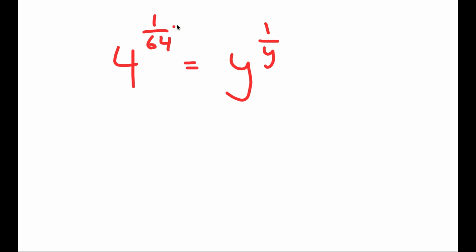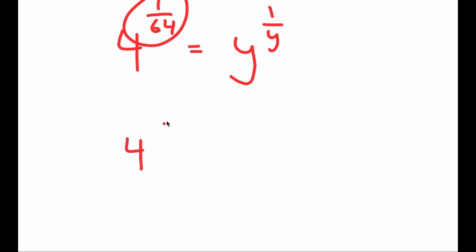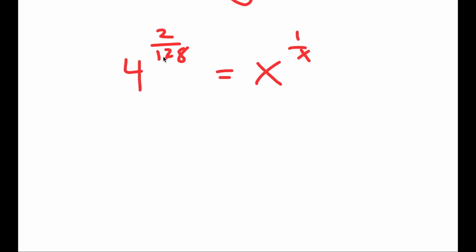Now, what I'm going to do is rewrite 4 to the power of 1 over 64 as 4 to the power of 2 over 128. And the reason I'm doing this is, actually you'll see in a moment, but now 4 to the power of 2 over 128 is the same thing as 4 to the power of 2 to the power of 1 over 128.